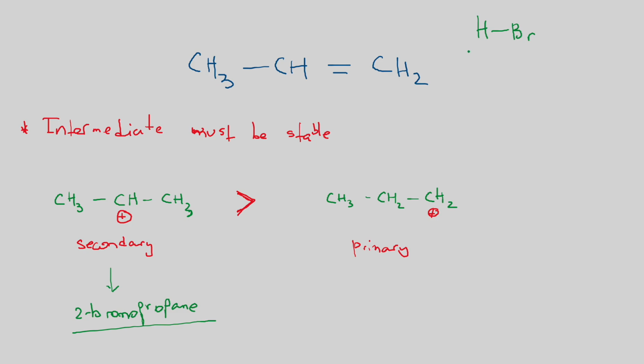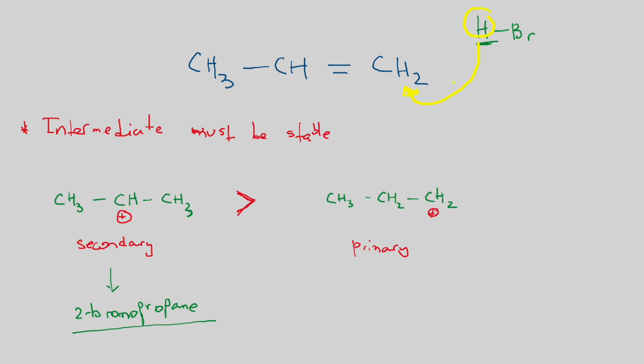Also you can use this rule: in this case with hydrogen bromide, this hydrogen goes to the side where you have more hydrogens, so here. Please don't get confused, because by the yellow color I'm not showing the mechanism, just showing the product.